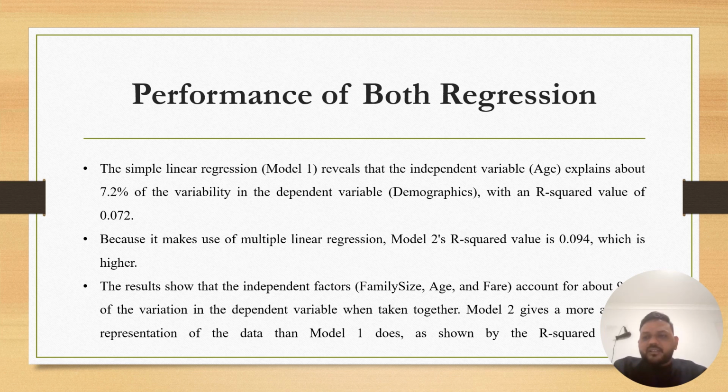The results show that the independent factors, family size, age, and fare, account for about 9.4% of the variations in the dependent variable when taken together. Model 2 gives a more accurate representation of the data than Model 1 does, as shown by the R squared values. Go to the next slide.